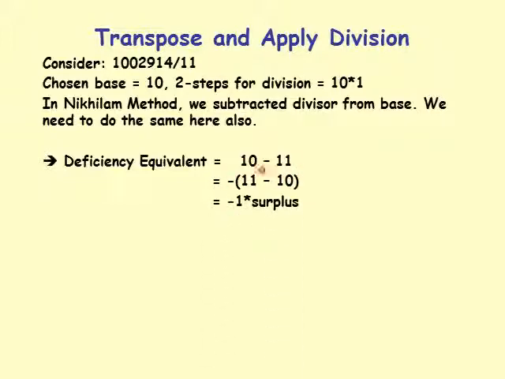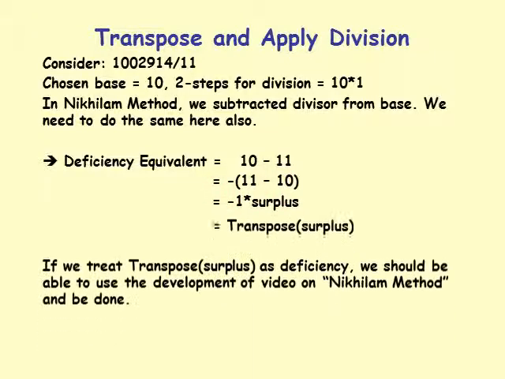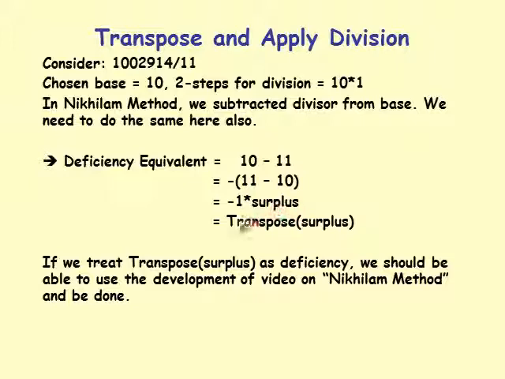And 11 minus 10 is a surplus of 11 from base 10. So this is a surplus, and we multiply the surplus by minus 1. We call that a transpose of the surplus. The surplus was plus 1. We transpose that to minus 1, and we call it the transpose of the surplus.